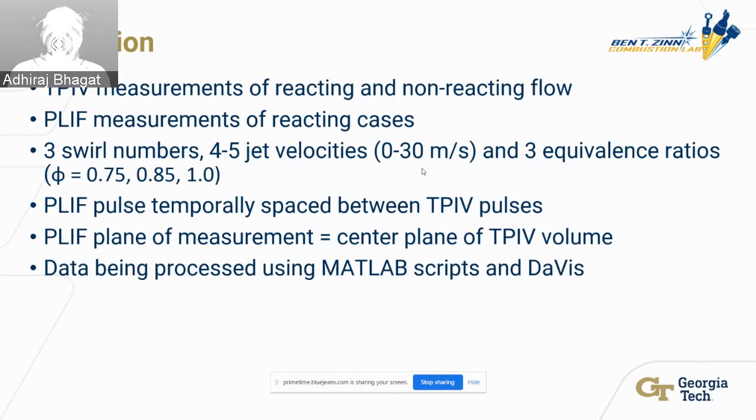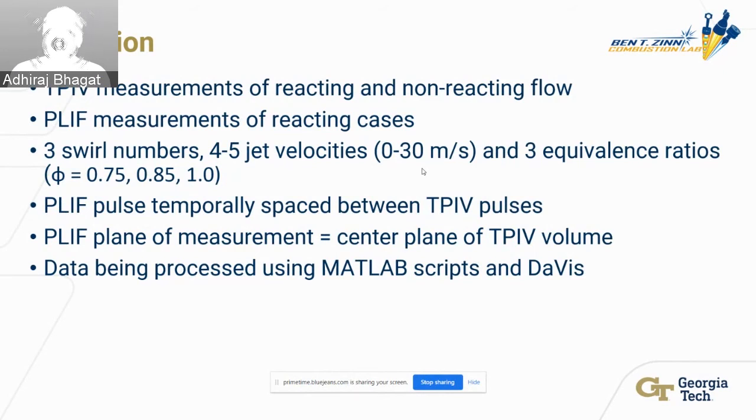PLIF obviously would only be for the reacting case because you want to visualize the flame. We measured at 3 swirl numbers, 4 to 5 jet velocities between 0 and 30, and 3 equivalence ratios. The PLIF pulses were placed temporally between the ThermoPIV pulses, so we would take the first ThermoPIV image, then the PLIF image, and then the second ThermoPIV image.